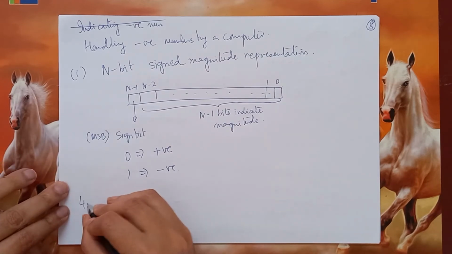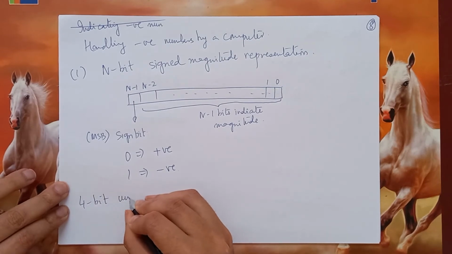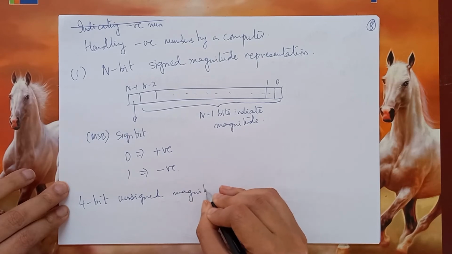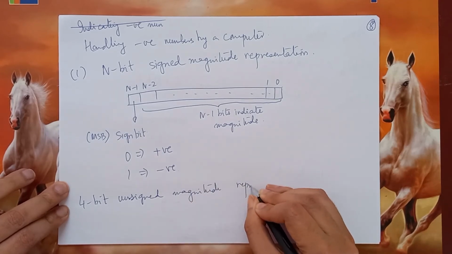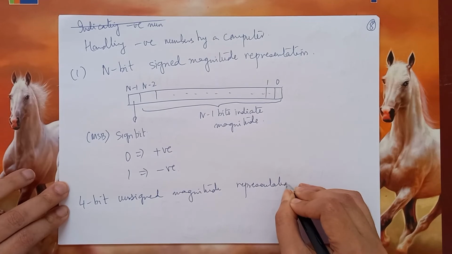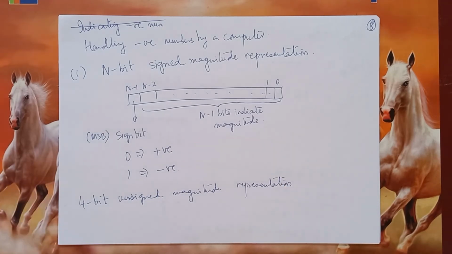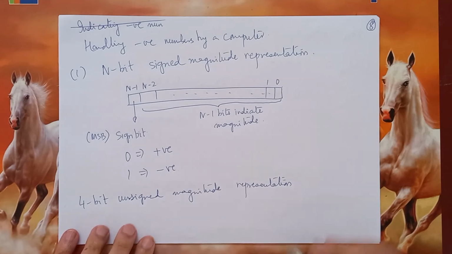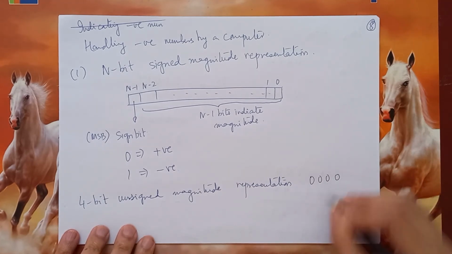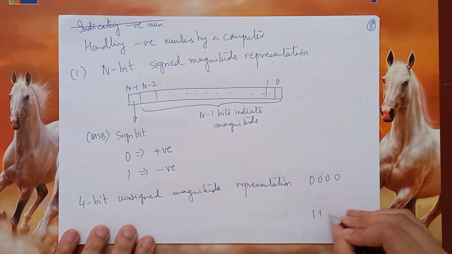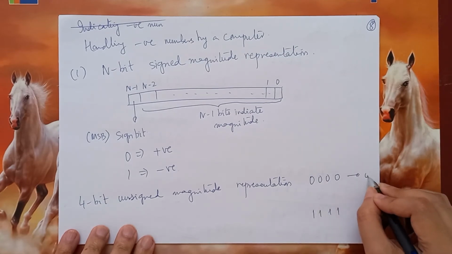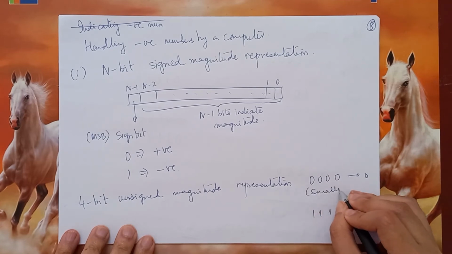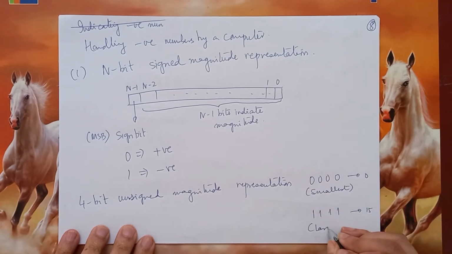For example, 4-bit unsigned magnitude representation. In that case, my smallest number will be 0000 and my largest number will be 1111. This is nothing but 0, this is nothing but 15. This is smallest and this is largest.